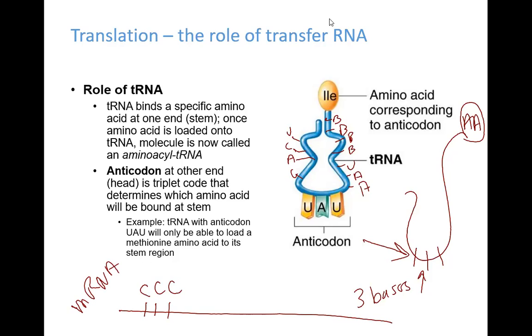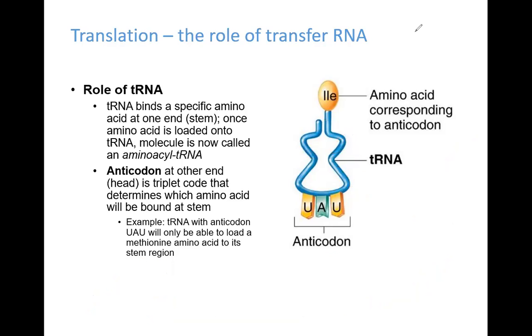What is the complement to cytosine? It's guanine. So your anticodon that would show up on your transfer RNA, the complement to this, would be GGG. So let's erase this and move forward. I think it'll get clearer here.